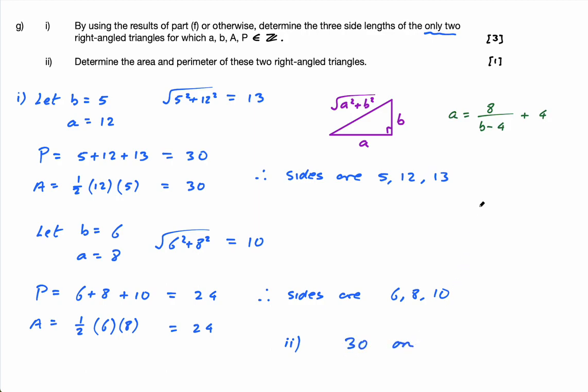Area equals perimeter equals 30 for, let's say, triangle 1, and area equals perimeter equals 24 for triangle 2. Okay, that's it, guys. That is part G finished.